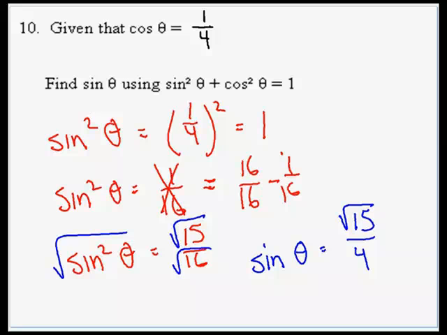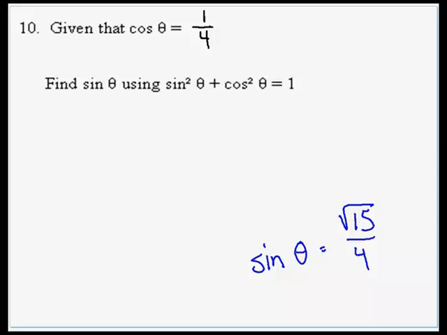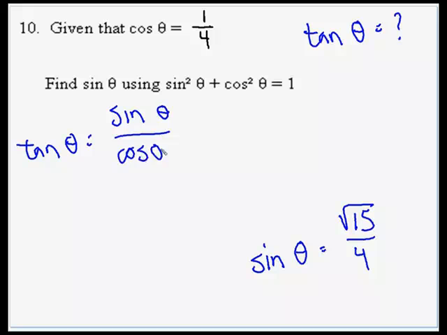And they didn't ask us for it, but let's just have a little more fun. What if they said find tangent also? The tan of theta. Well, we have sine. We found it. We have cosine. Tangent is sine divided by cosine.